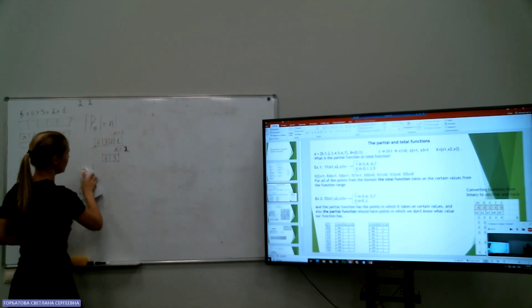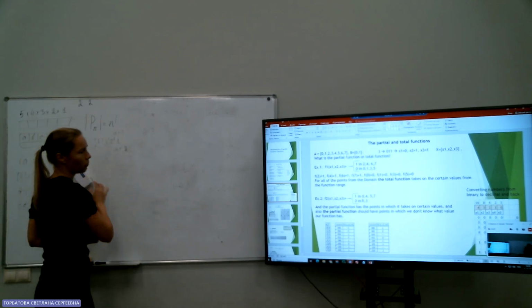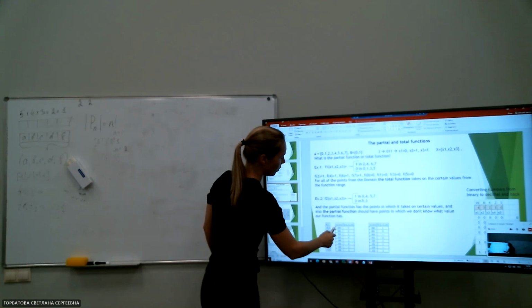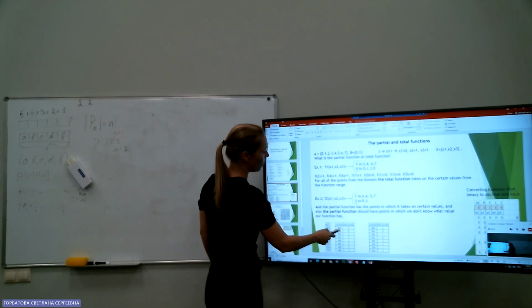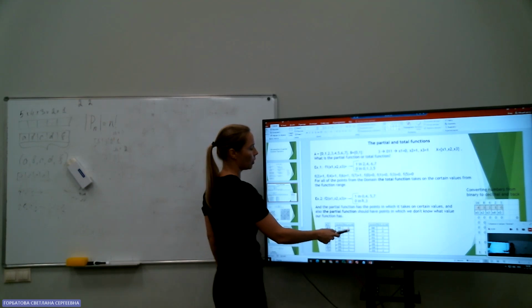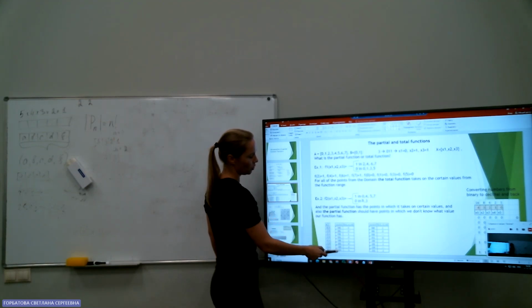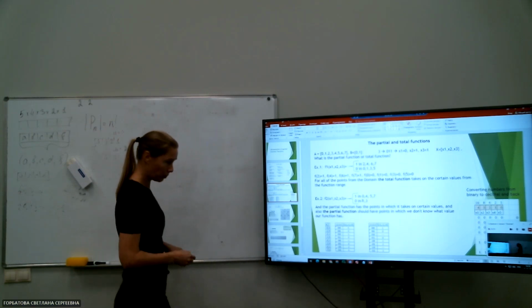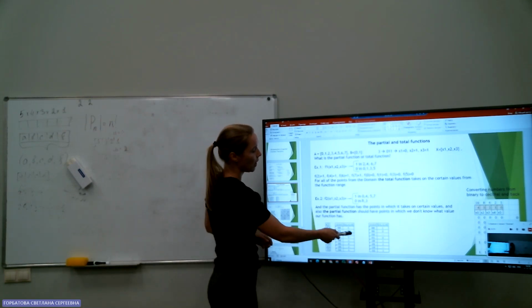And in the first table, you can see that we know the result of the function for each input. So it is a total Boolean function.